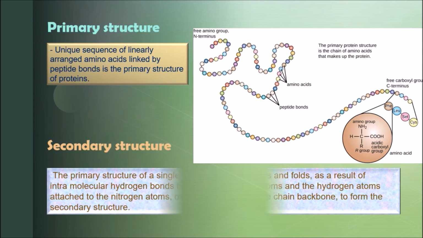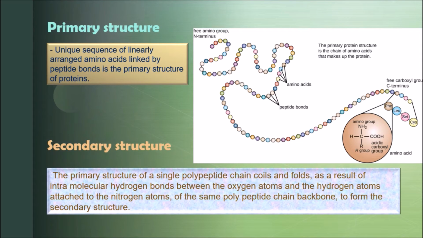Secondary structure. The primary structure of a single polypeptide chain coils and folds to form the secondary structure. These folded structures are formed due to hydrogen bonds between the oxygen atoms of the carboxyl group and the hydrogen atoms attached to the nitrogen atoms in the amino group of the same polypeptide chain backbone.